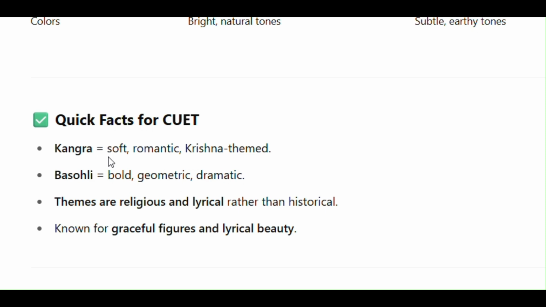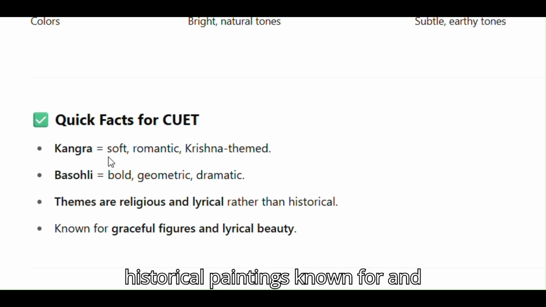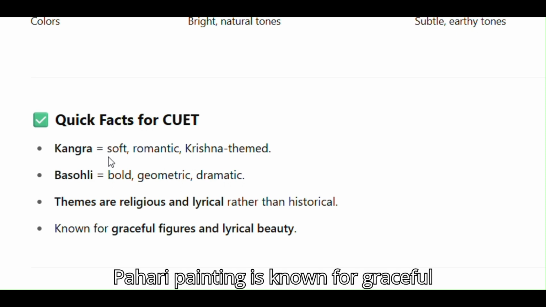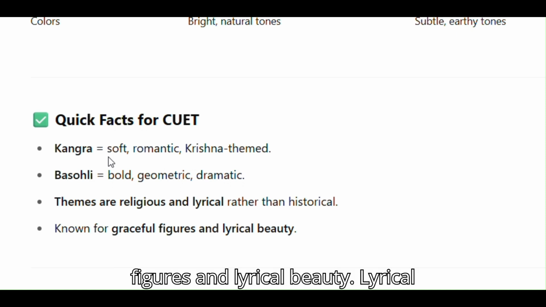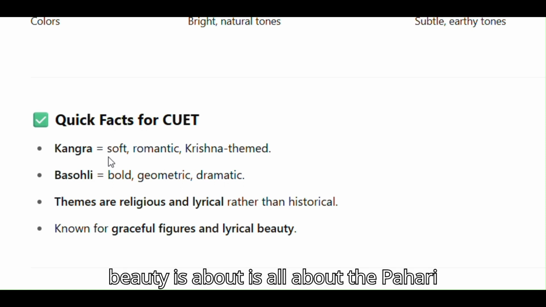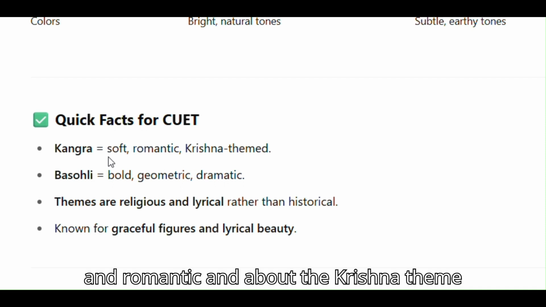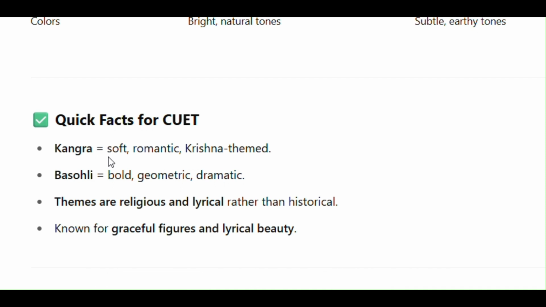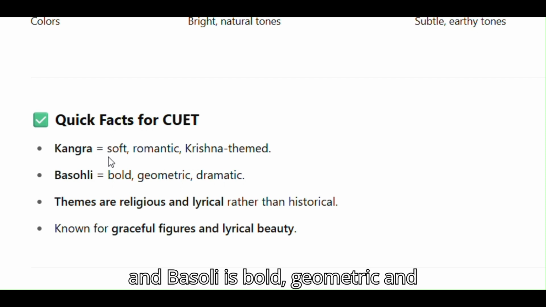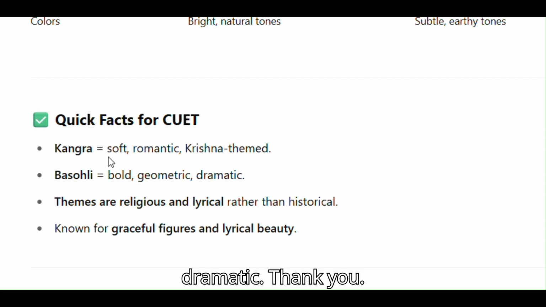Mughal paintings are known as the historical paintings, and Pahari painting is known for graceful figures and lyrical beauty. Lyrical beauty is all about the Pahari painting only, and Kangra is very soft and romantic and Krishna themed, and Basoli is bold, geometric, and dramatic. Thank you.